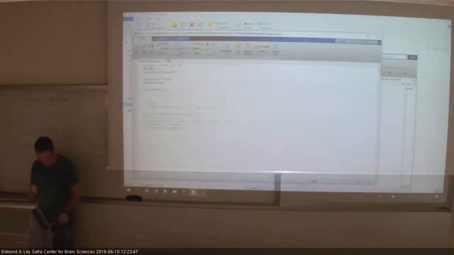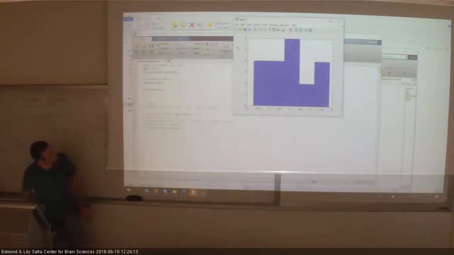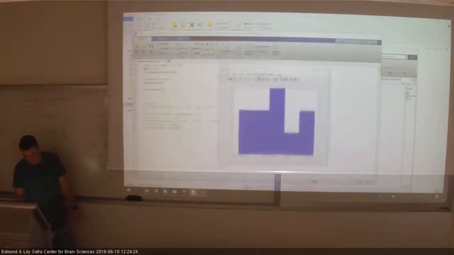So we can start with a small network. This is a distribution of the eigenvalues when G is equal to 1 in the case of a small network with n neurons.